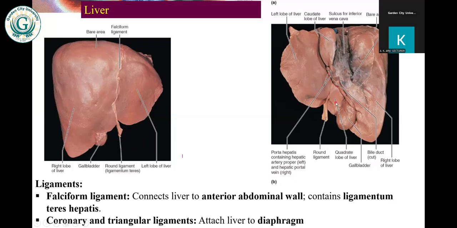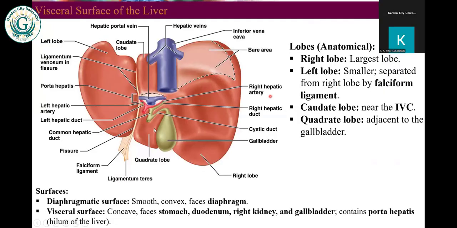The IVC, the inferior vena cava, will be positioned here, so the lobe of the liver here is called the caudate lobe. So there's a quadrate lobe of the liver, and there is the caudate lobe of the liver.